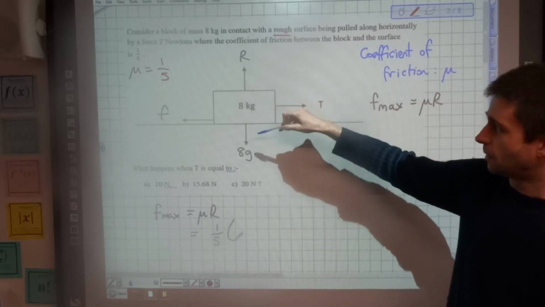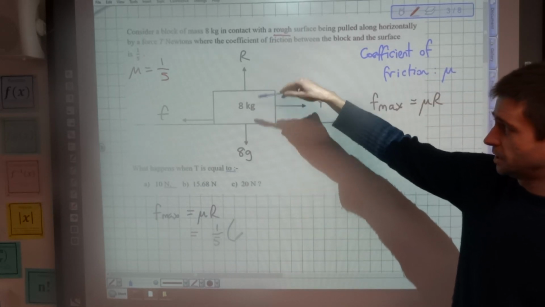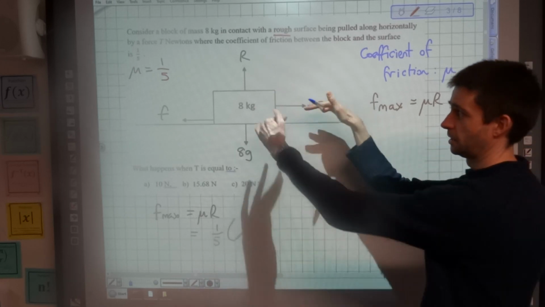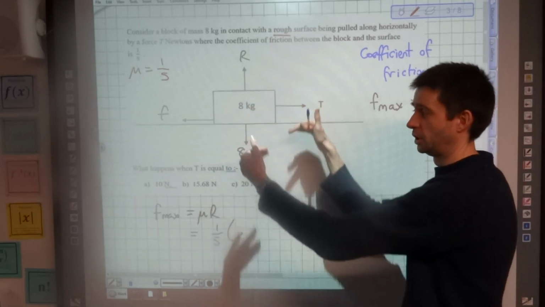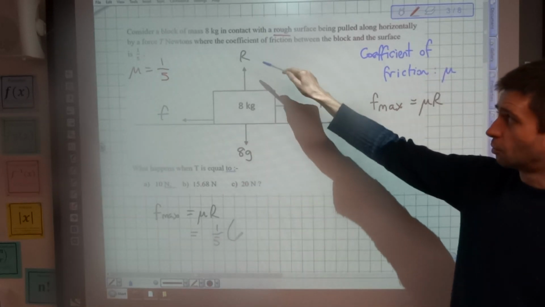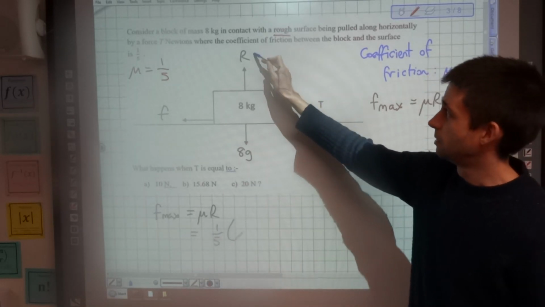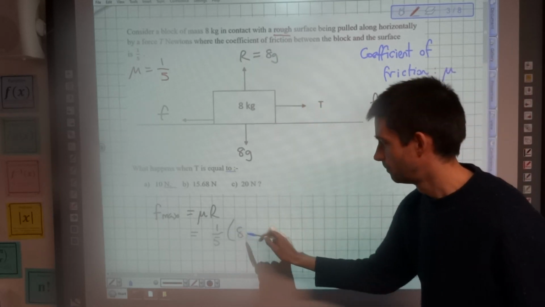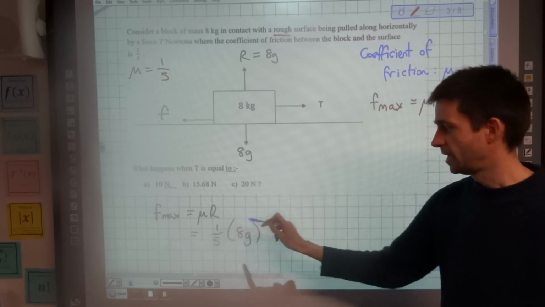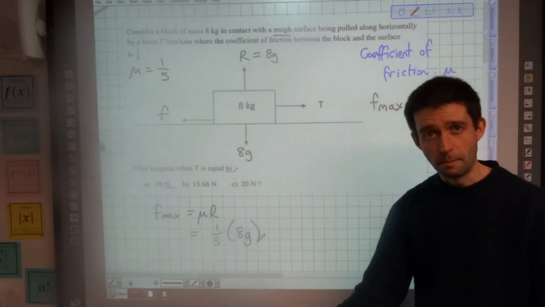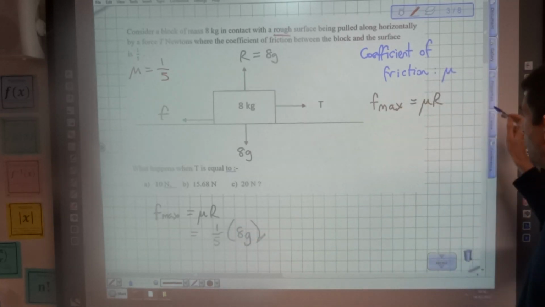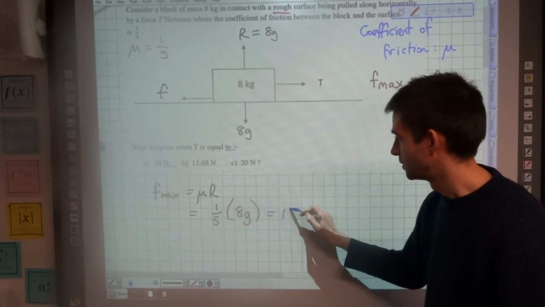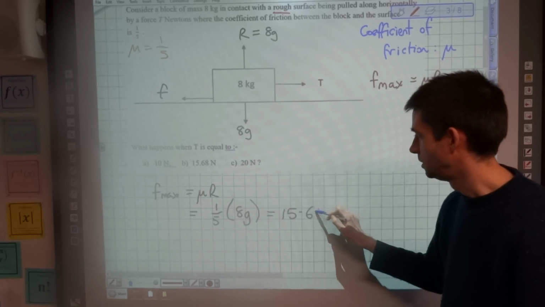And because there are only two forces acting in the vertical plane here, and there's nothing lifting the box or pushing the box down, I know that the normal reaction force in this case is going to be equal to the weight, which is 8g. So I can do 1/5 multiplied by 8g. Now remember, in maths g is 9.8, and I can get a numerical value for the maximum friction, which comes out as 15.68 newtons.